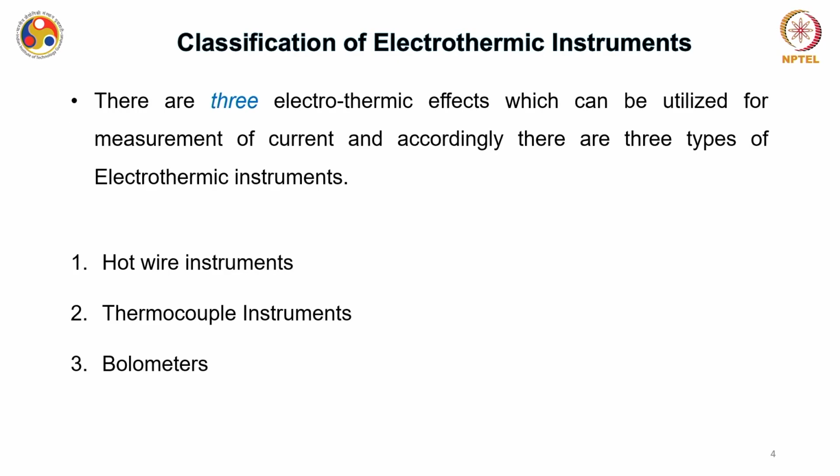We will cover the thermocouple also in the next module on transducers, but I will give you a general overview of the thermocouple and the thermoelectric effect, which will help you understand the next module. We will talk about the thermocouple itself first, and then the thermoelectric kind of electrothermic instrument.